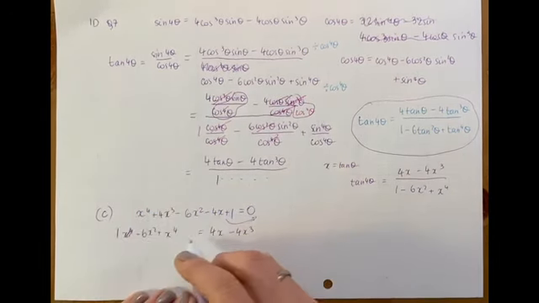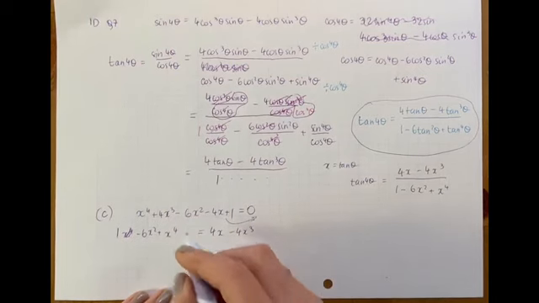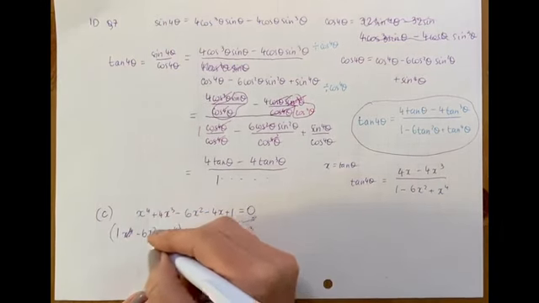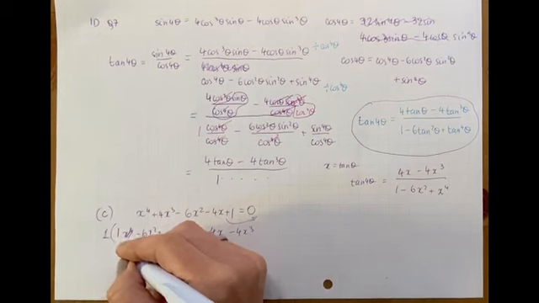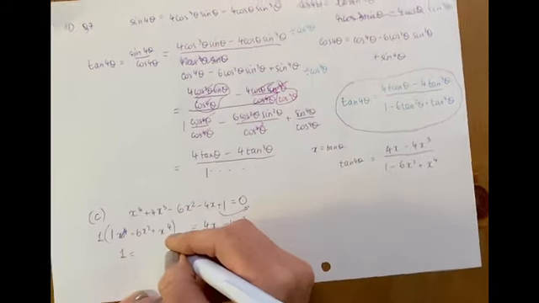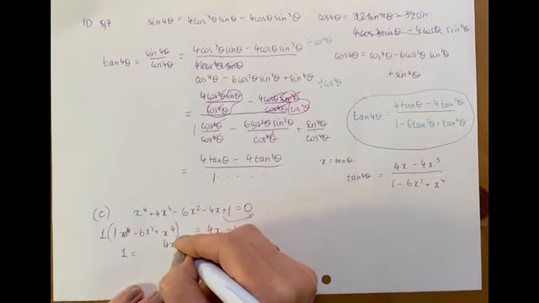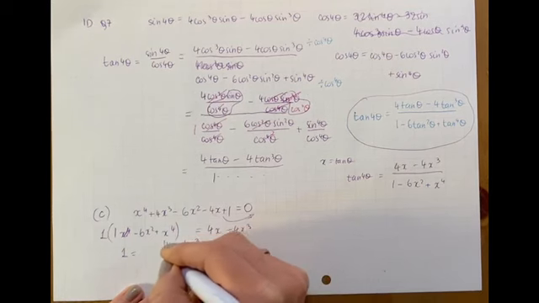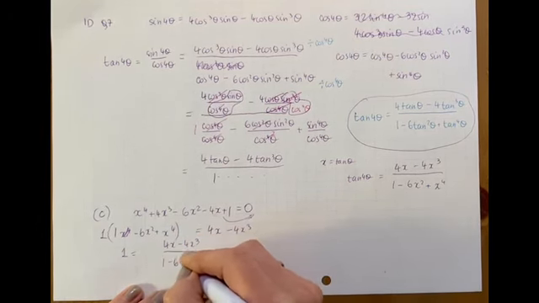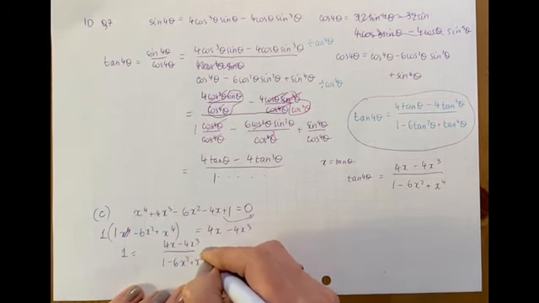Then you just need to divide. If I divide this side by this bracket, I'll have 1 equal to 4x minus 4x cubed over 1 minus 6x squared plus x to the power 4.